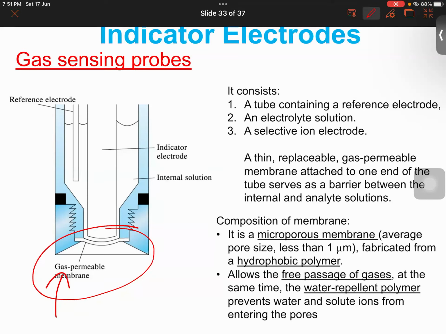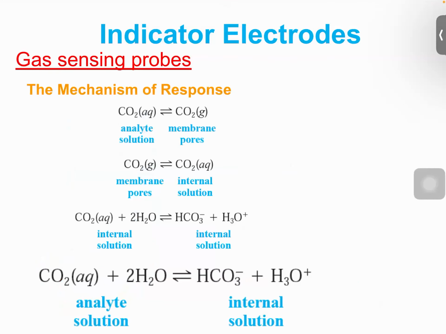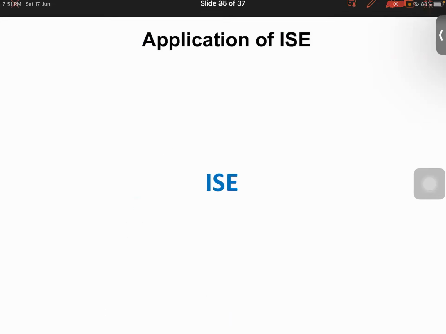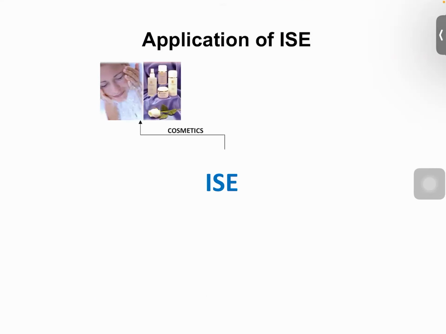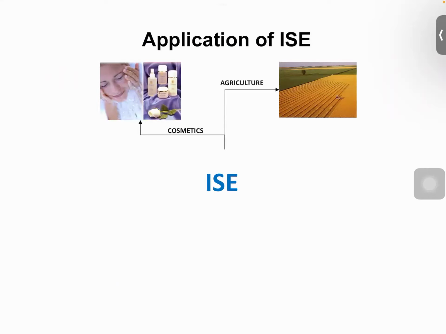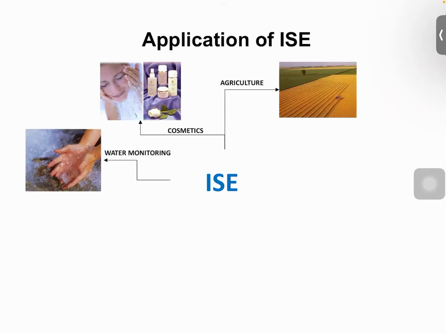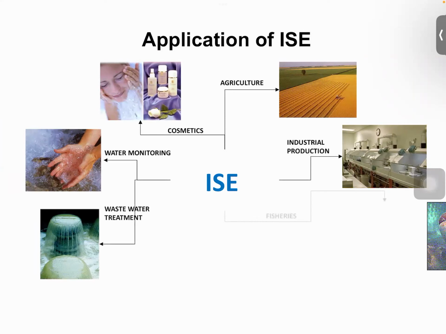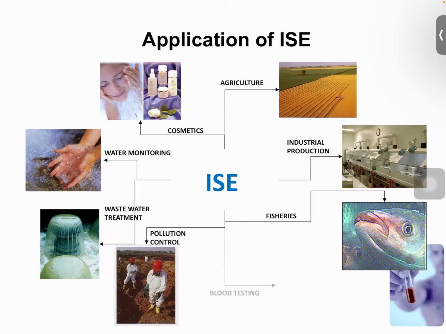Okay, for example, we can have a polymer on top of the gas membrane, so that we can sense gas, for example. So that's it for potentiometry. And these are the applications of potentiometry by using ion selective electrodes or working electrodes.